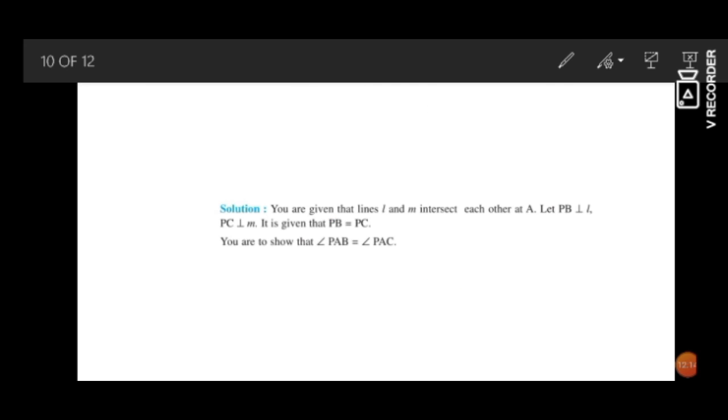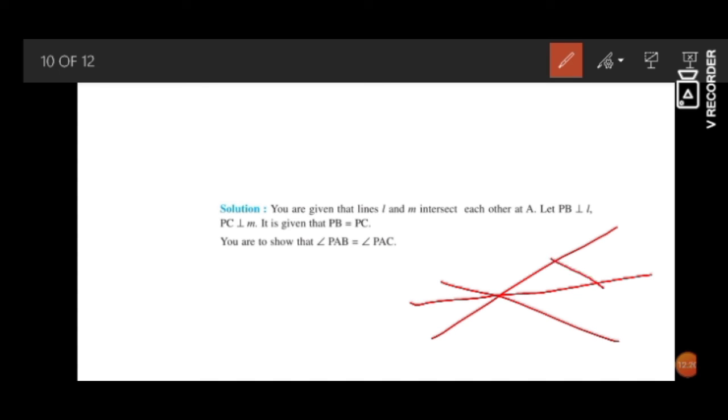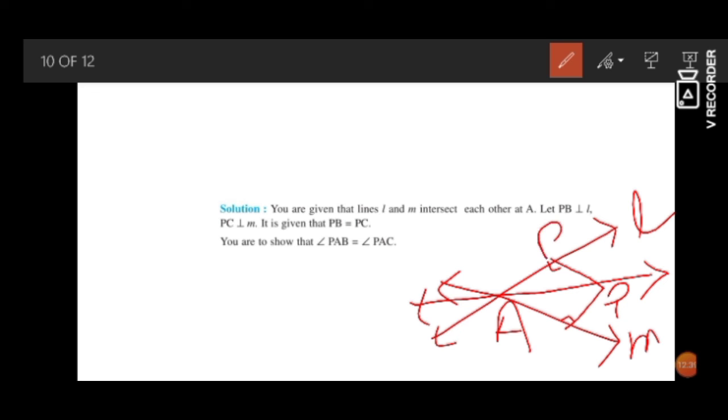Now, our diagram was like this. This is L, this is M. Here was our A, this was our P, and we have B above and C below.